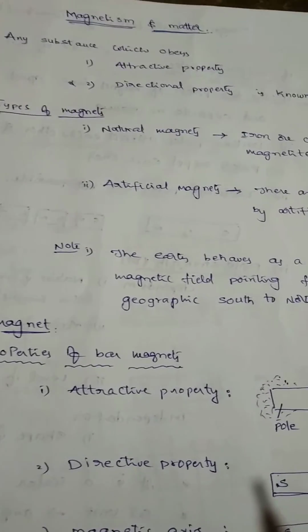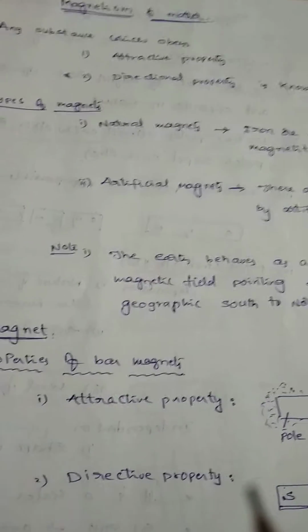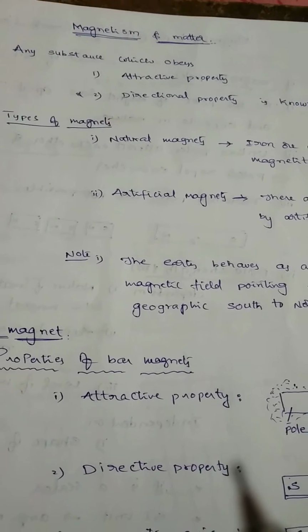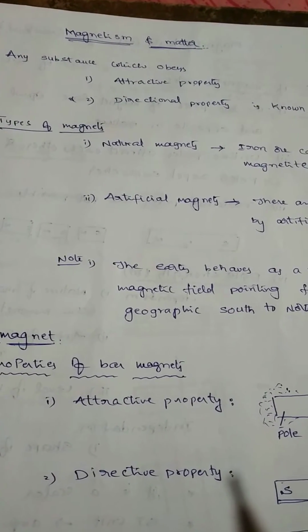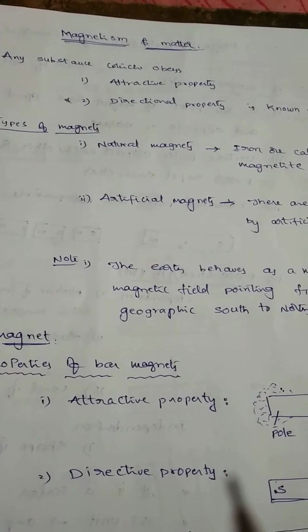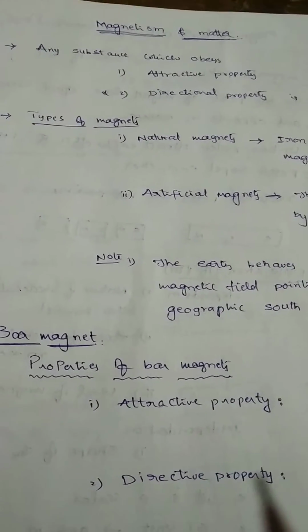First one, magnetic phenomena. You know very well, Earth is also a huge magnet. Magnetic phenomena are universal in nature.